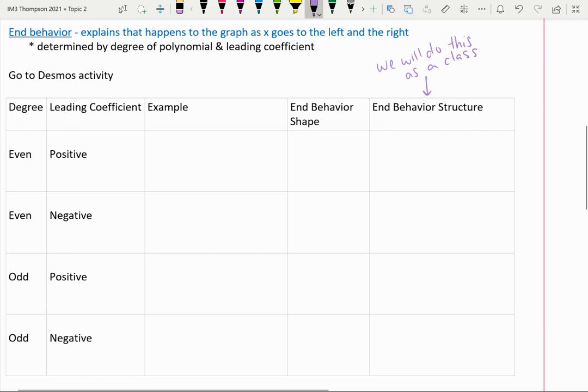Going down the first column, underneath degree, I have even, even, odd, odd. And underneath leading coefficient, I have positive, negative, positive, negative. You're going to work through an activity that's going to help you fill in these first 2 columns, and then we're going to summarize at the end with that 3rd column.